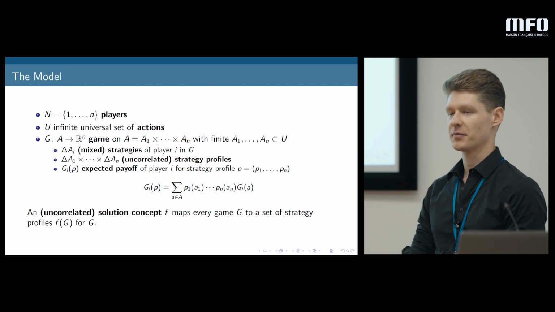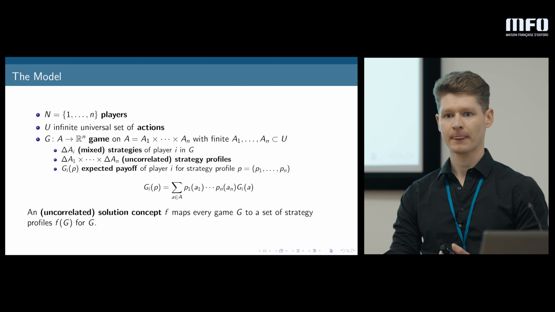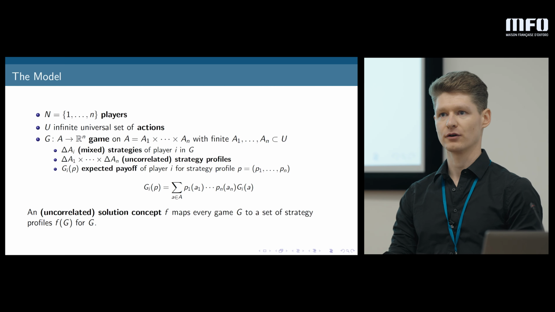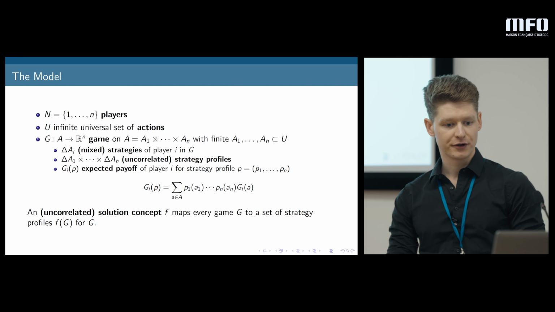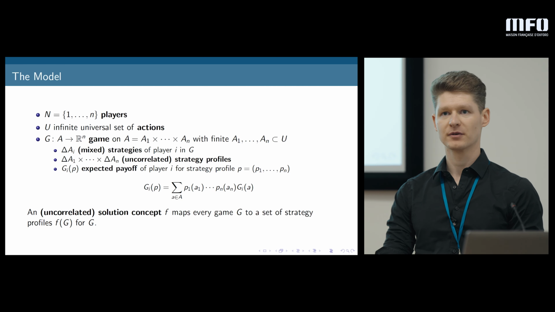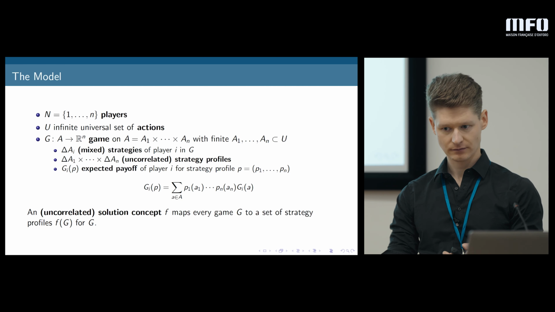So in particular, we allow for multivaluedness. Good. And as I mentioned, Nash equilibrium is a prototypical example of a solution concept. Another one would be maybe pure Nash equilibrium, or various refinements of Nash equilibrium, or all rationalizable strategy profiles. And you could think of more examples.